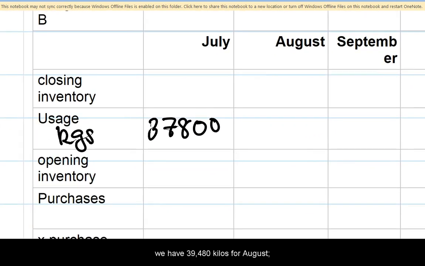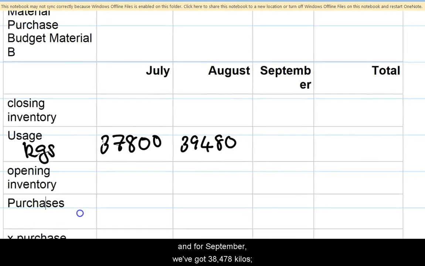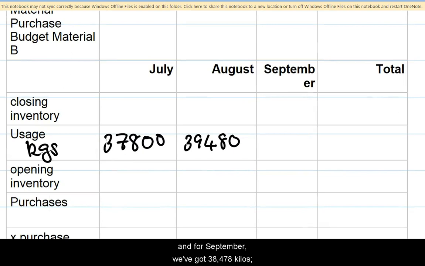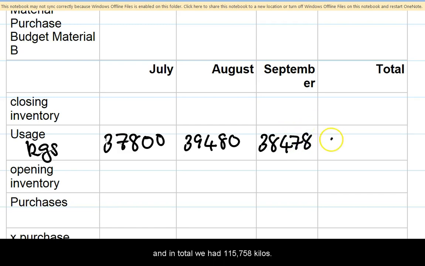We have 39,480 kilos for August, and for September we've got 38,478 kilos, and in total we had 115,758 kilos.